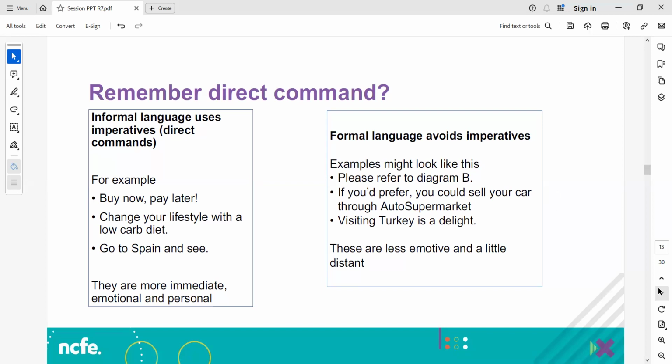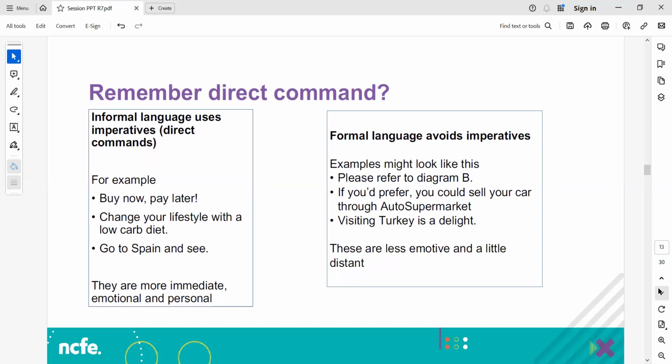So we could think of it as being more polite. Examples could be, please refer to diagram B. If you'd prefer, you could sell your car through Auto Supermarket. I don't think we'd see that very often, would we? Because in an advert, they don't want to give people an option or a choice.